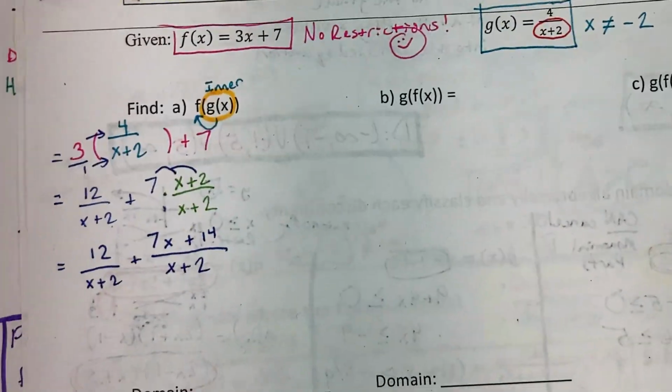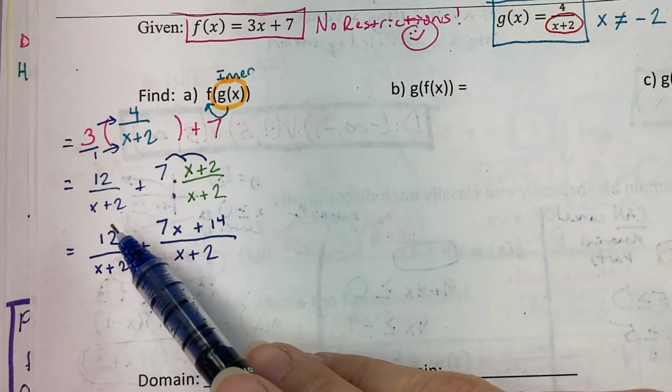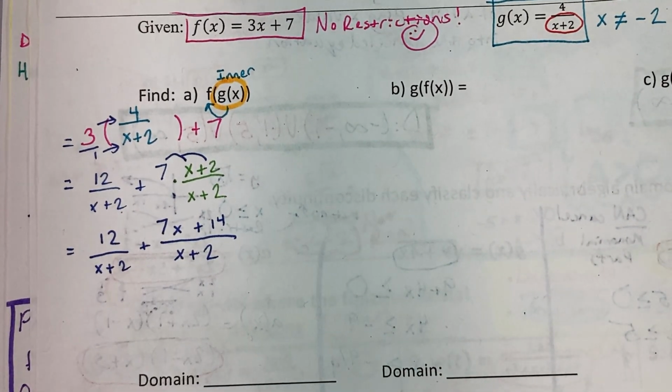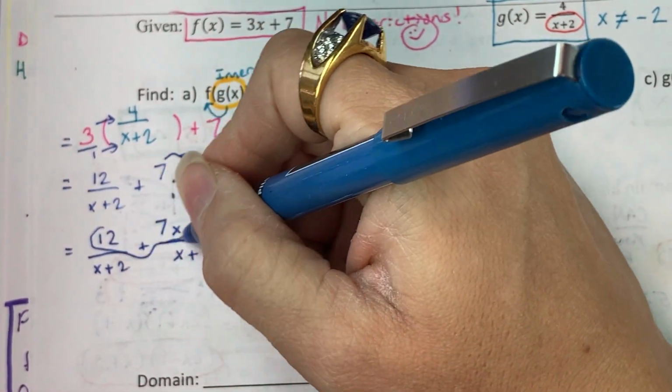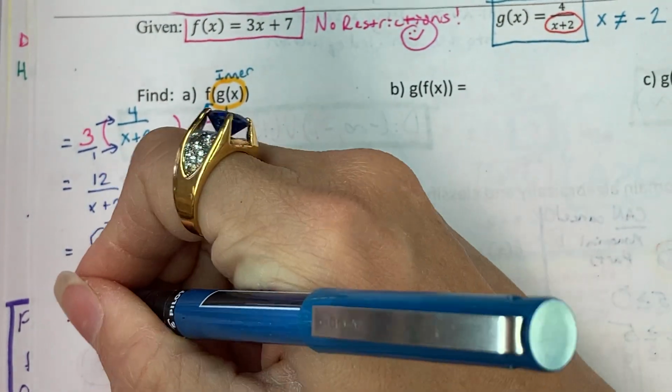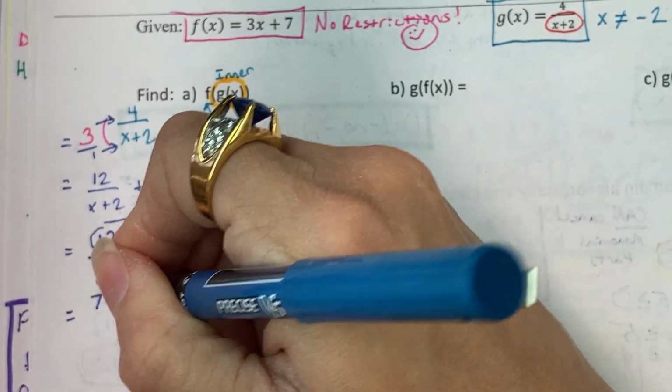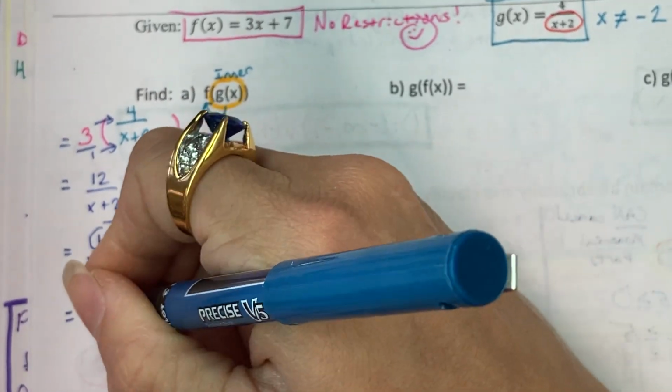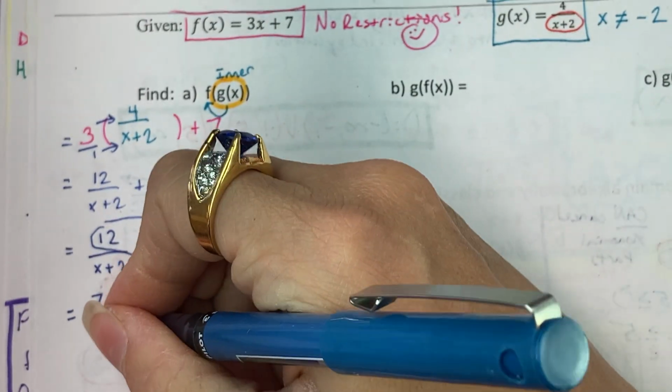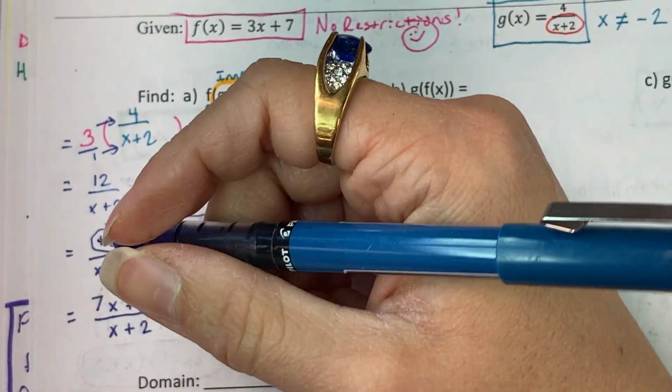So remember, if I have a half of a pizza plus a half of a pizza, we add the tops and keep the denominator the same to give me 2 over 2. So in the same sense, I'm going to add my tops, which will give me 7x plus 26 all over the common denominator of x plus 2.